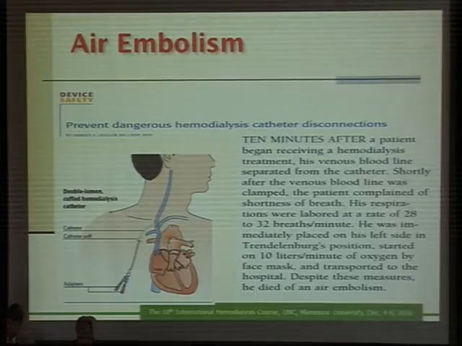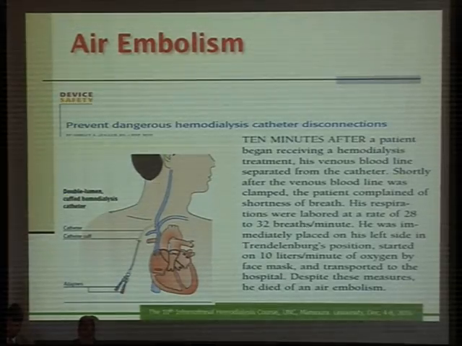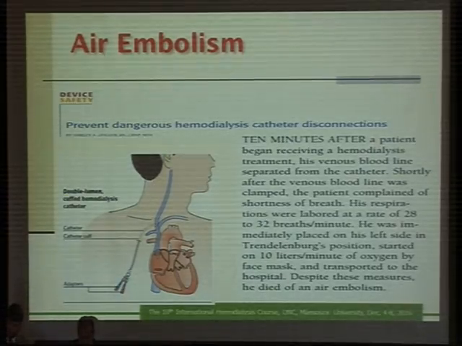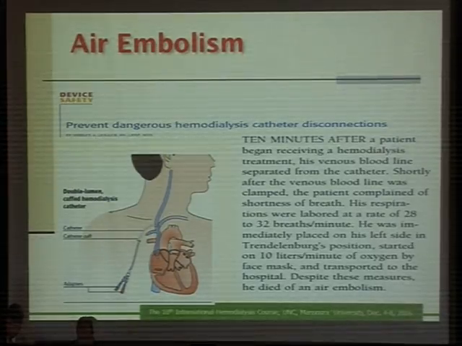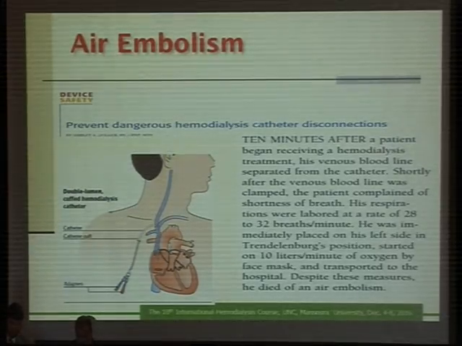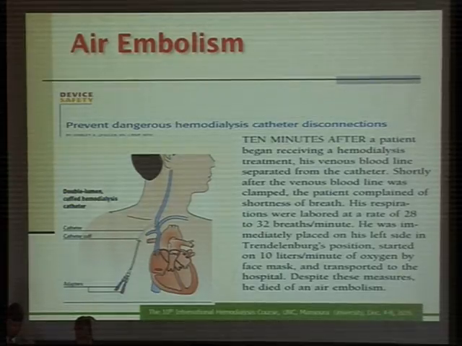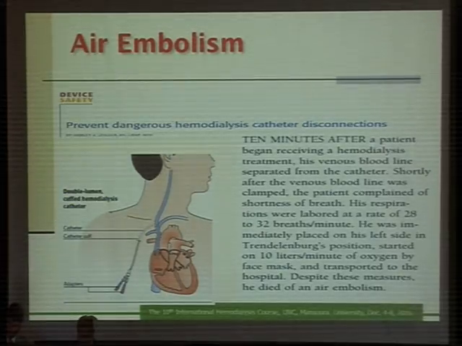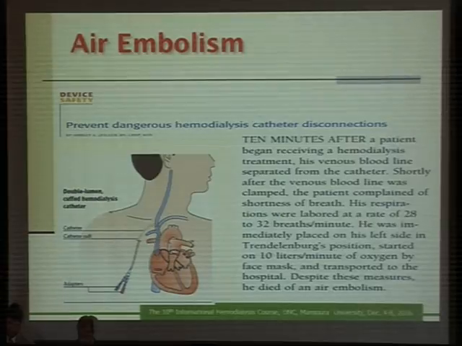He was immediately placed in the left lateral position, given up to 1 liter per minute of oxygen. And despite all these measures, the patient usually dies.